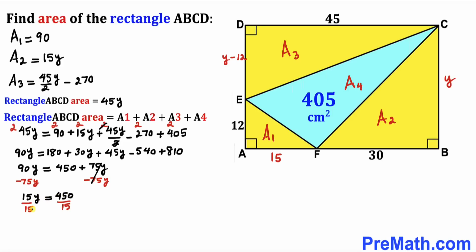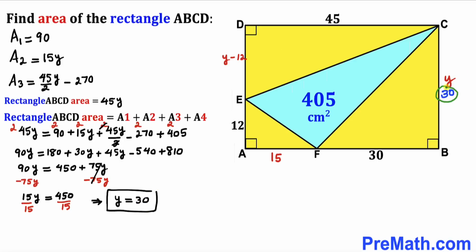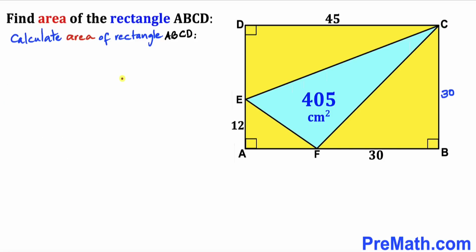Now let's divide both sides by 15. So our y value turns out to be 30 centimeters, and that is the side length of this rectangle ABCD.